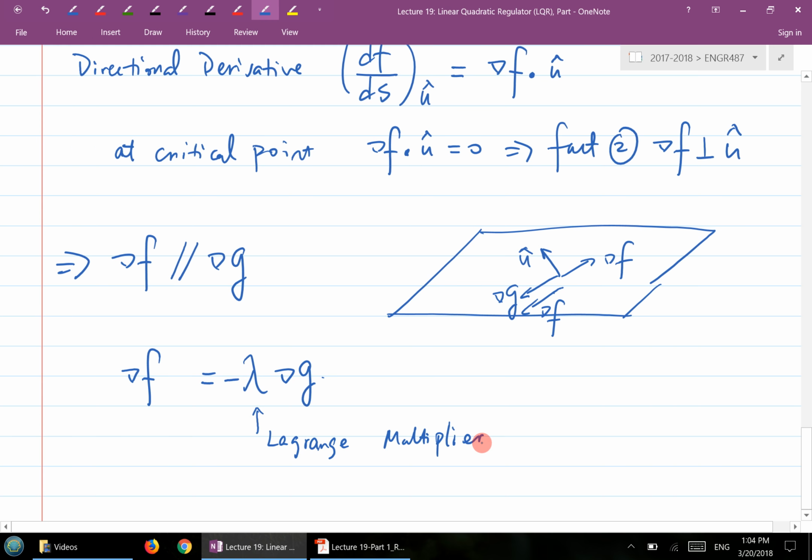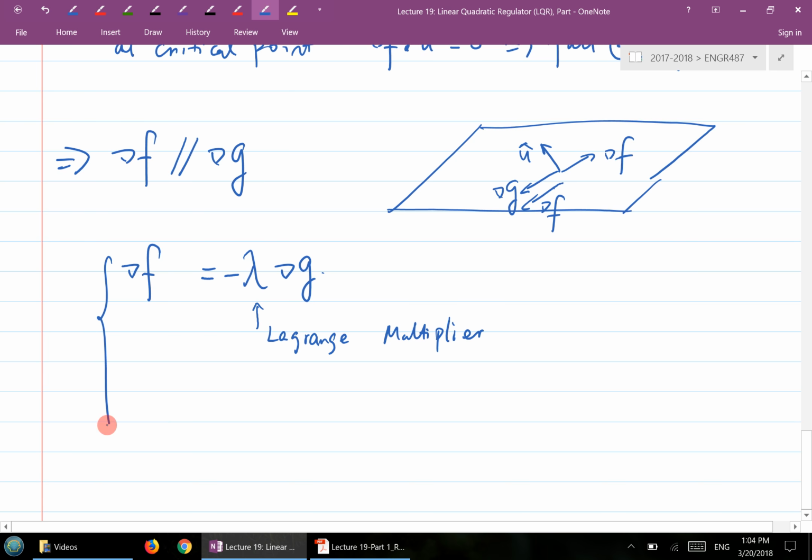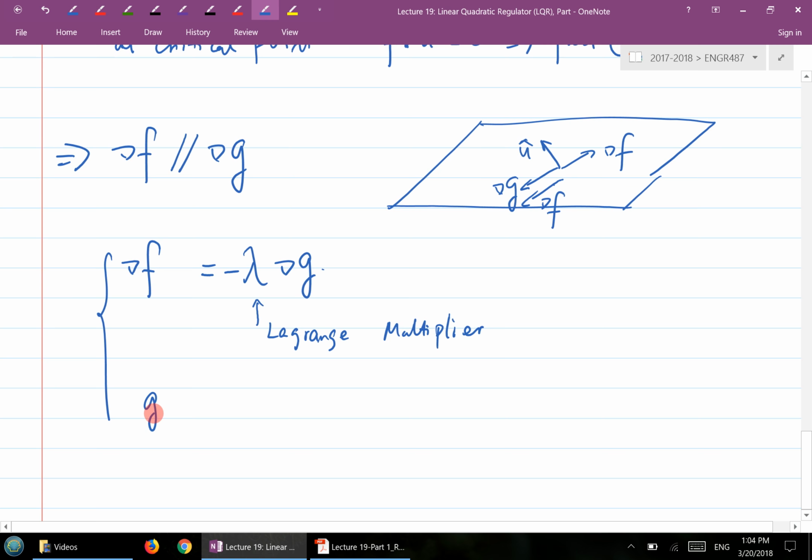You see, lambda connects what? It connects the original function f and the constraint g, right? That's the constraint. Now I have another equation: g of x, y equals c, which is the constraint here. So these two equations together will give you, in this particular case, 3 equations.